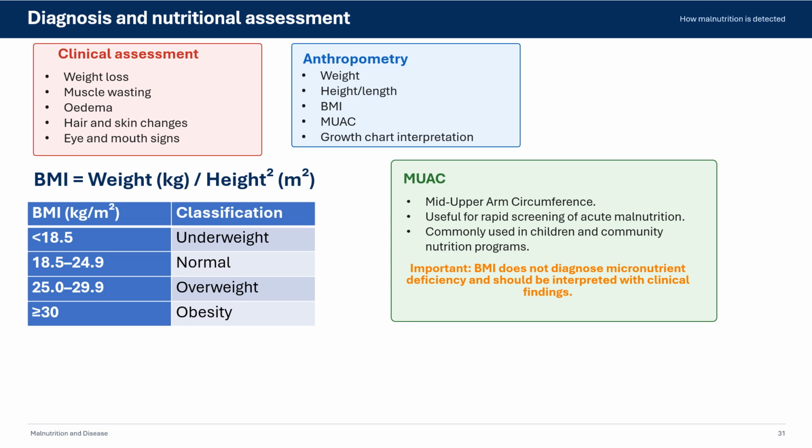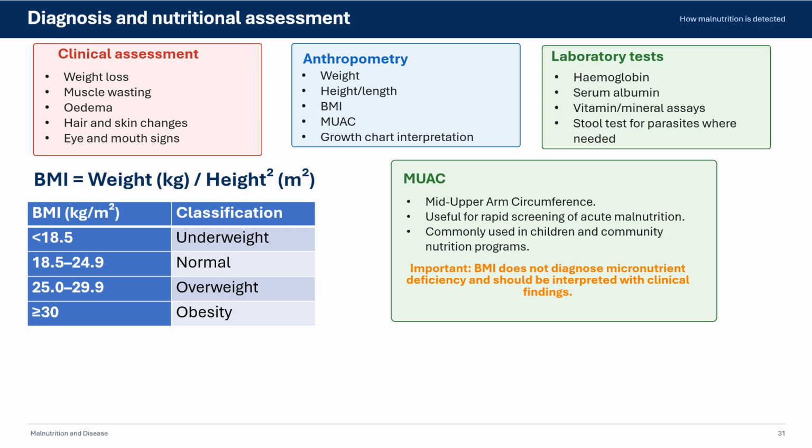Most importantly, body mass index does not diagnose micronutrient deficiency and therefore should be interpreted with clinical findings. The last category is laboratory tests, such as hemoglobin to assess the level of iron, serum albumin, vitamin mineral assays, stool test for parasites, and so on.